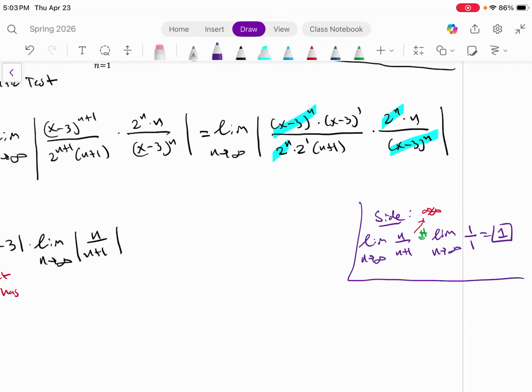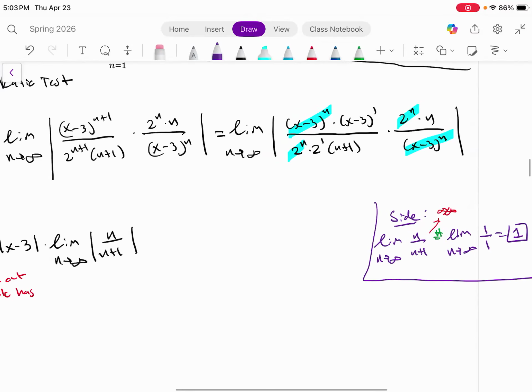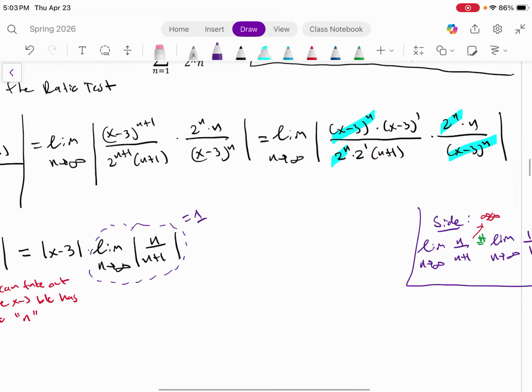Okay, so we did that using L'Hopital's. You can also look at the ratio of the powers, the top and bottom. But yeah, so this whole thing just goes to 1. Okay, so what we're left with is just the absolute value of x minus 3 times 1.